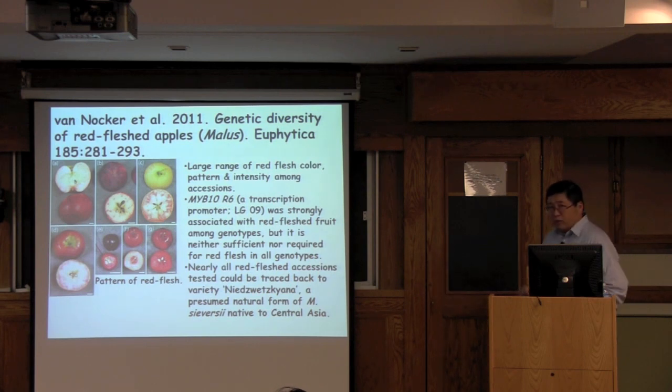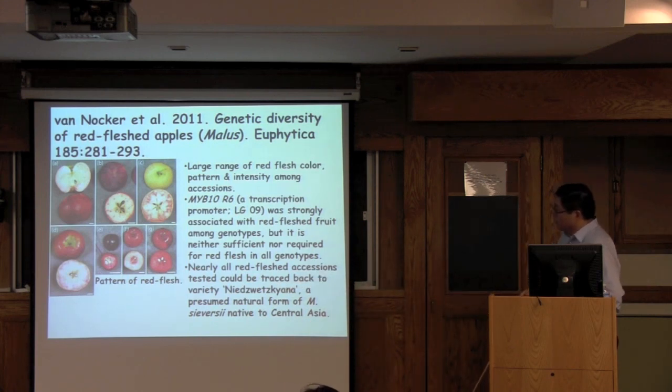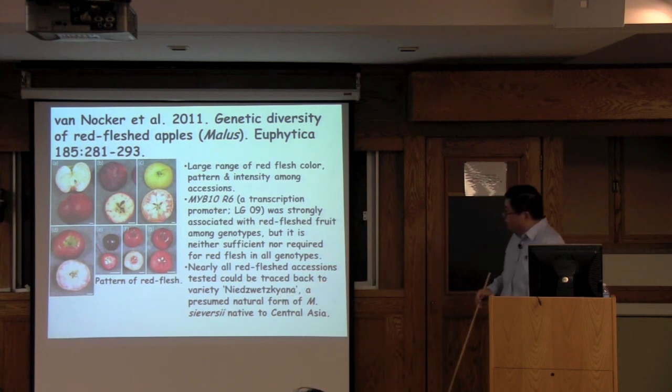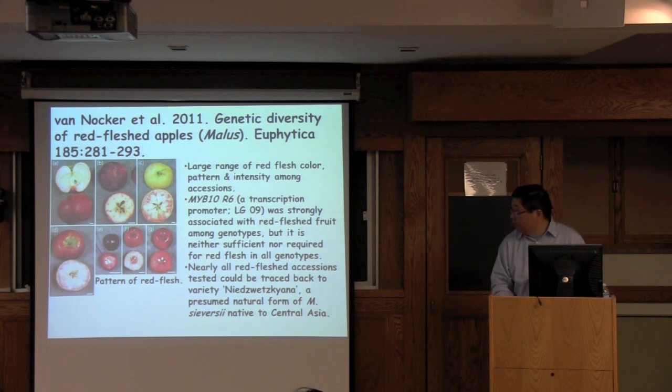Also, nearly all the red flesh material we were able to test could be traced back probably to a single variety, Niedzwetzkyana, which is probably a wild material of Malus sieversii from Central Asia. So all the red flesh available right now could probably be traced back to this single variety.